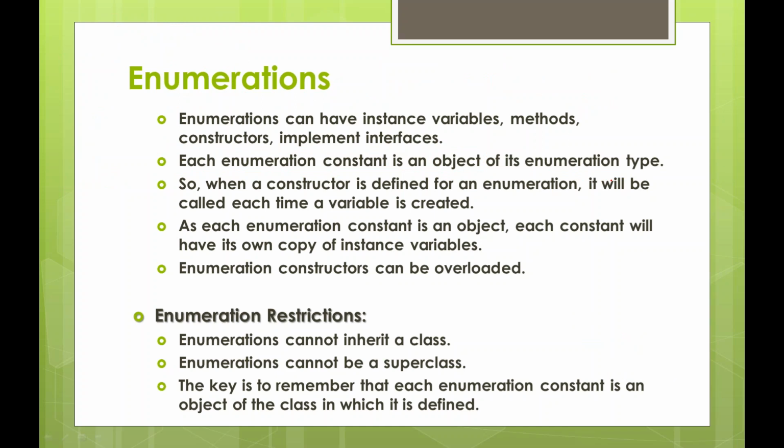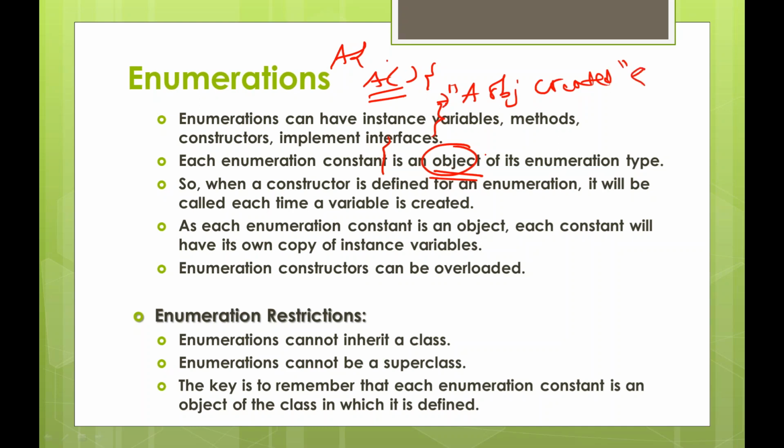So what happens when an object is created? Say for example, you have class A, with a constructor. Assume that there is a print line here. I create A is equal to new A. Can anyone tell me what happens when an object of A is created?